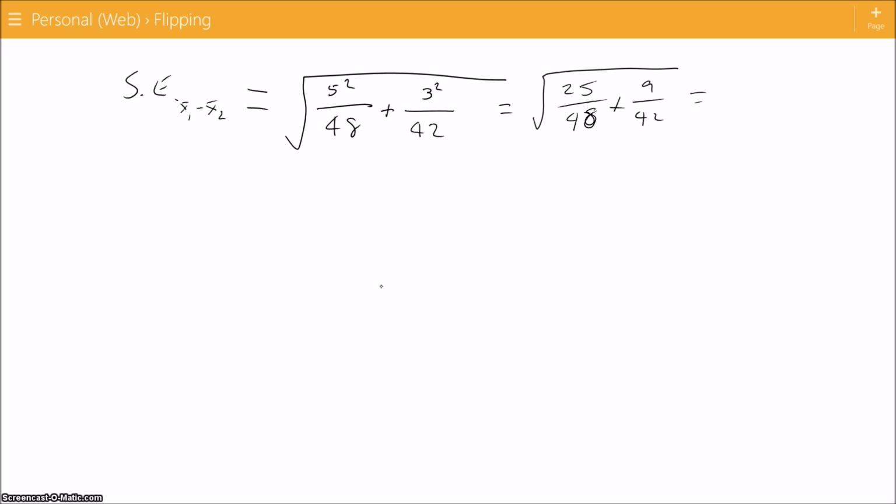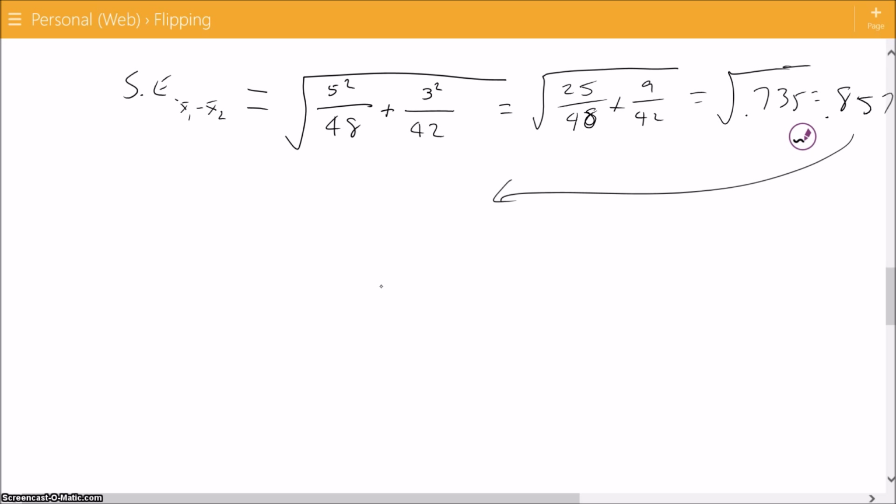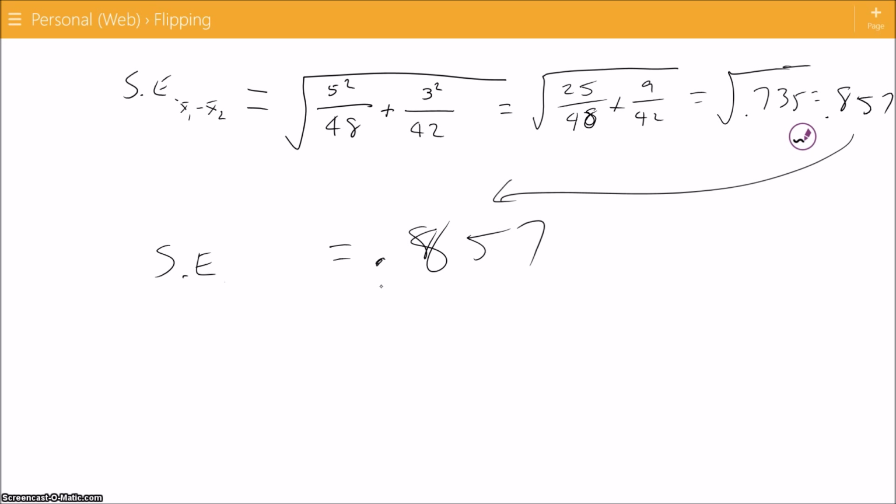And this gives us the square root of about 0.735, which would give us about 0.857. Okay, let me copy that down over here, put it in the center of the screen. So 0.857 is what we set the standard error of the difference between our two samples to be.